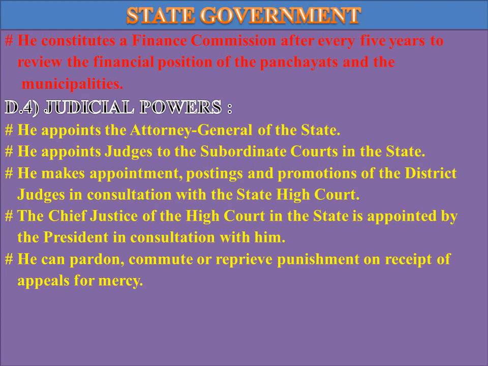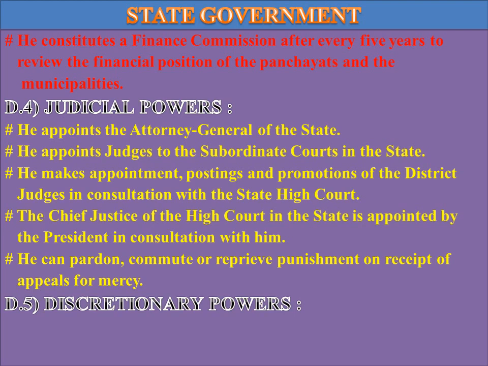The next power of the governor is discretionary powers. The governor can reserve a bill for the consideration of the president. He recommends the imposition of president's rule in the state also.